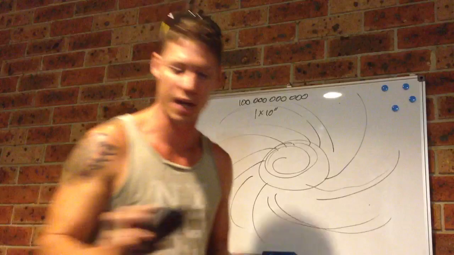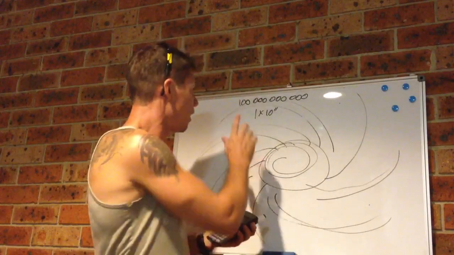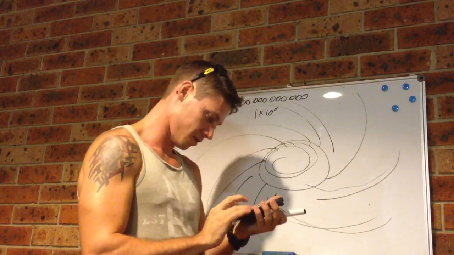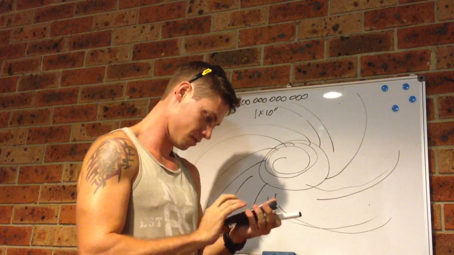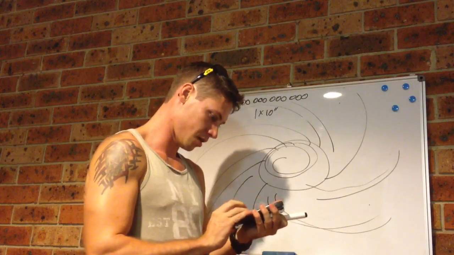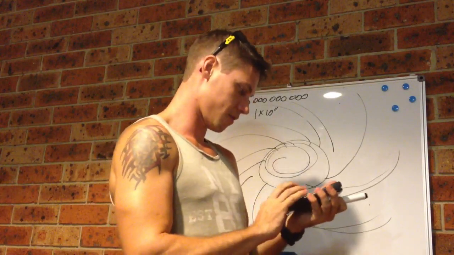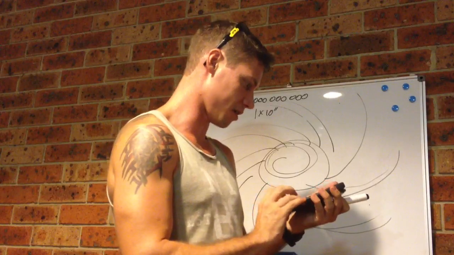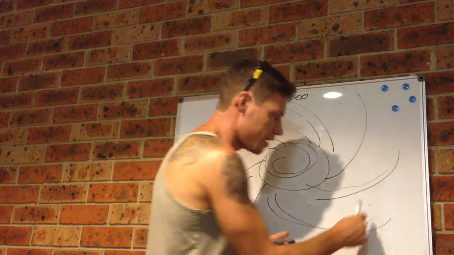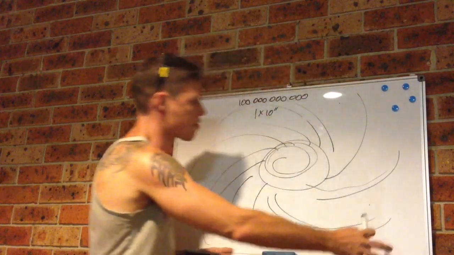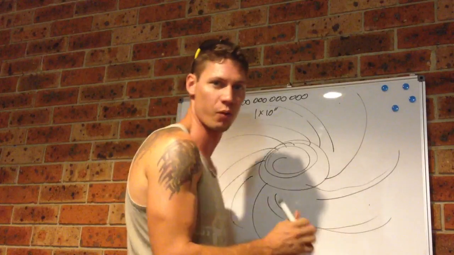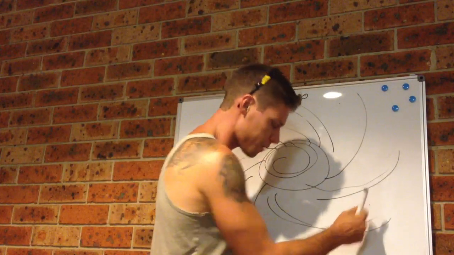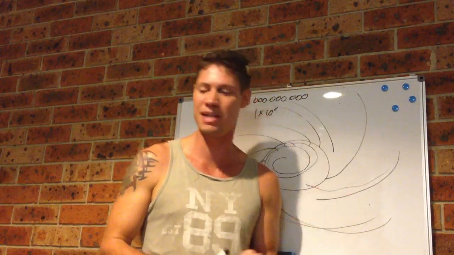Now, just to do a quick calculation, 1 times 10 to the 11 divided by 10,000 means that in this dot that represents 1/10,000th of the Milky Way galaxy are 10 million stars. 10 million stars.